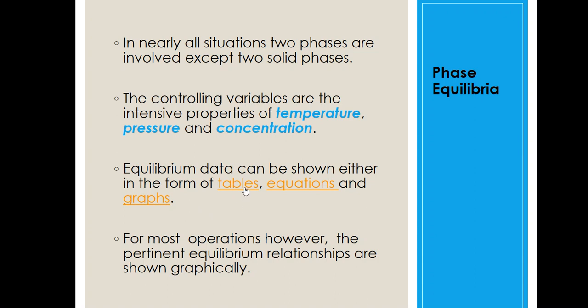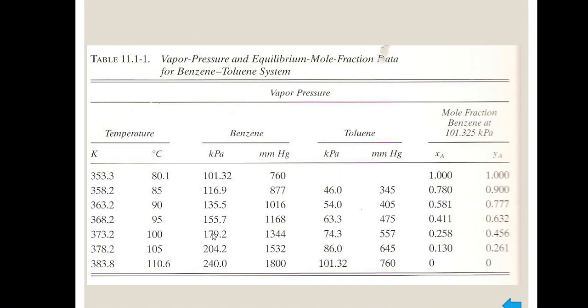Now, when you speak of tables, just like this one, this is an example of a table which contains the equilibrium data for a system which is so common, an ideal system of benzene and toluene. Now in the first two columns here, you have the temperature.